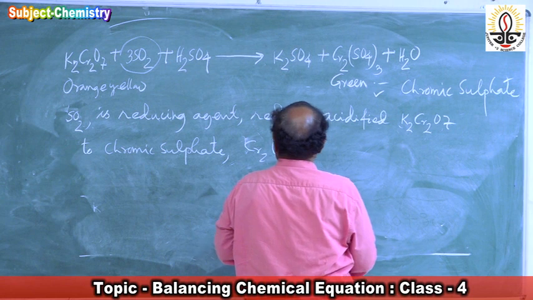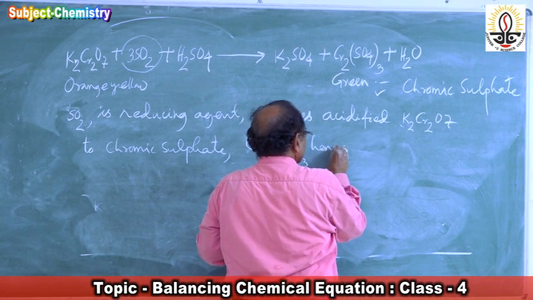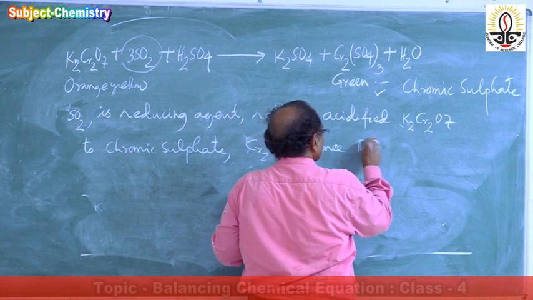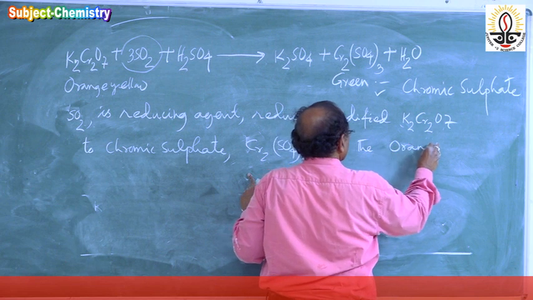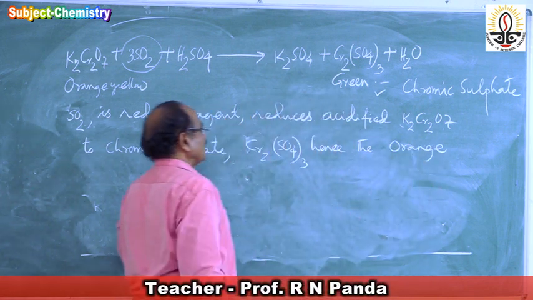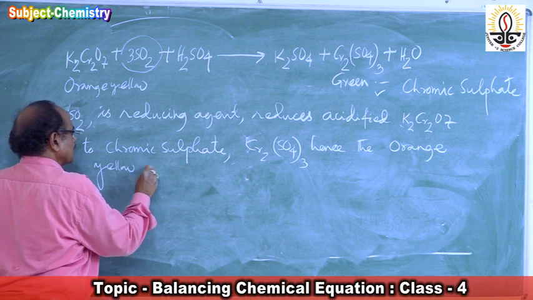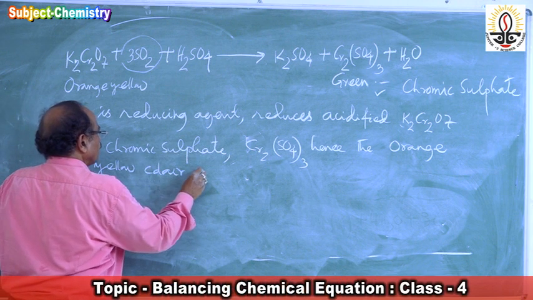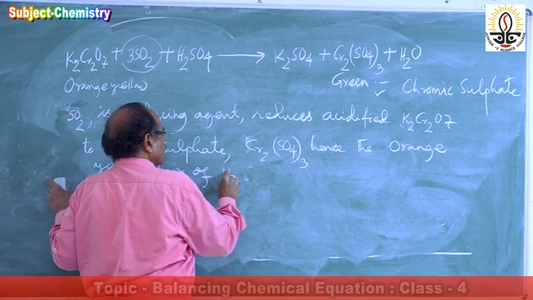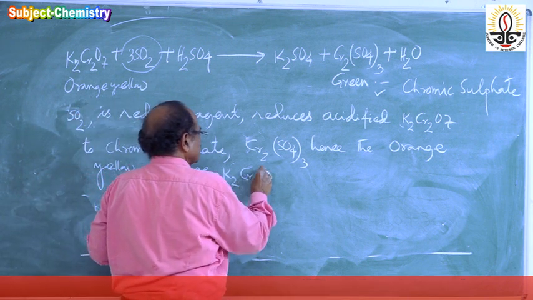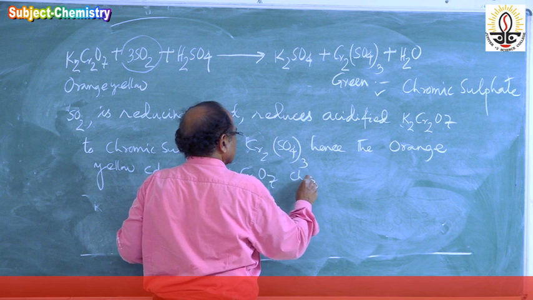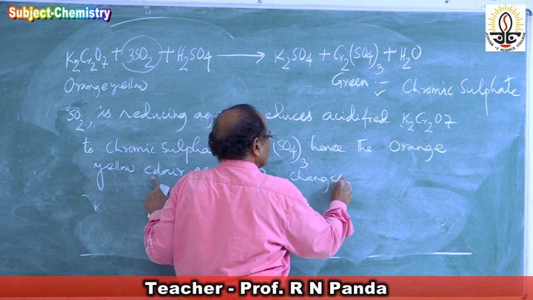Hence the orange yellow color of potassium dichromate changes to green.